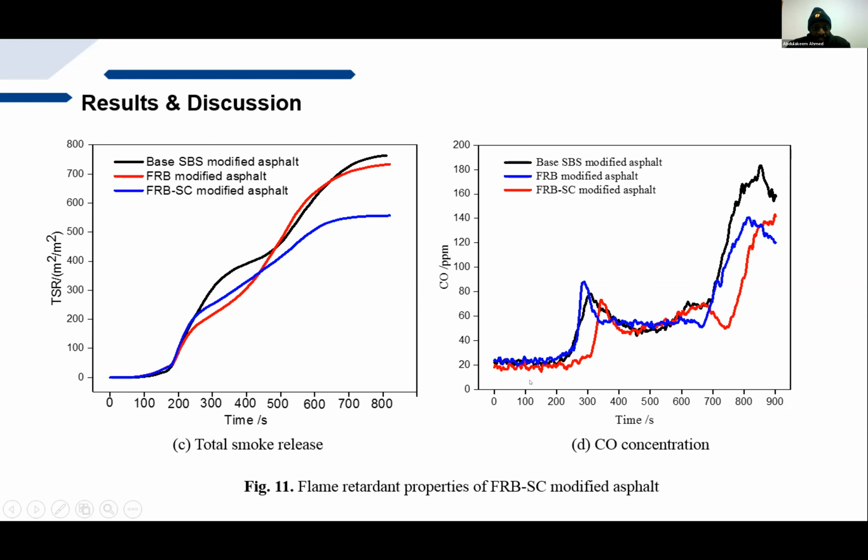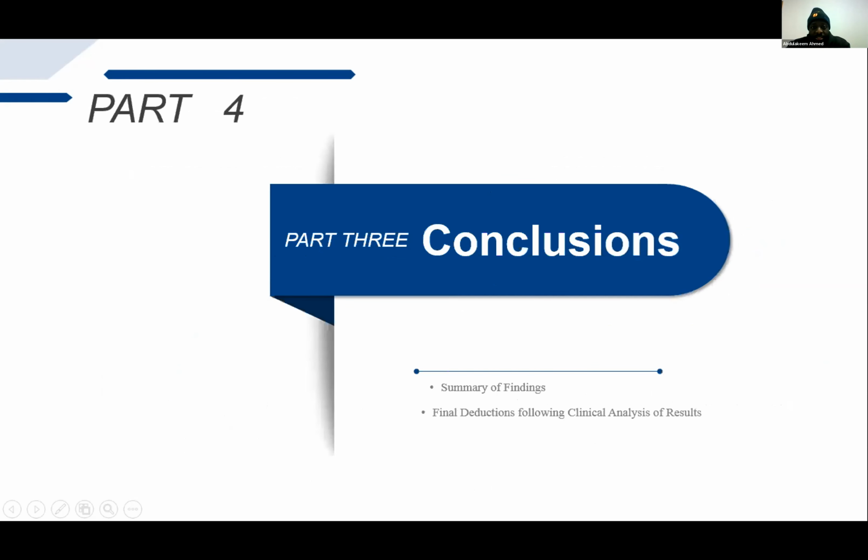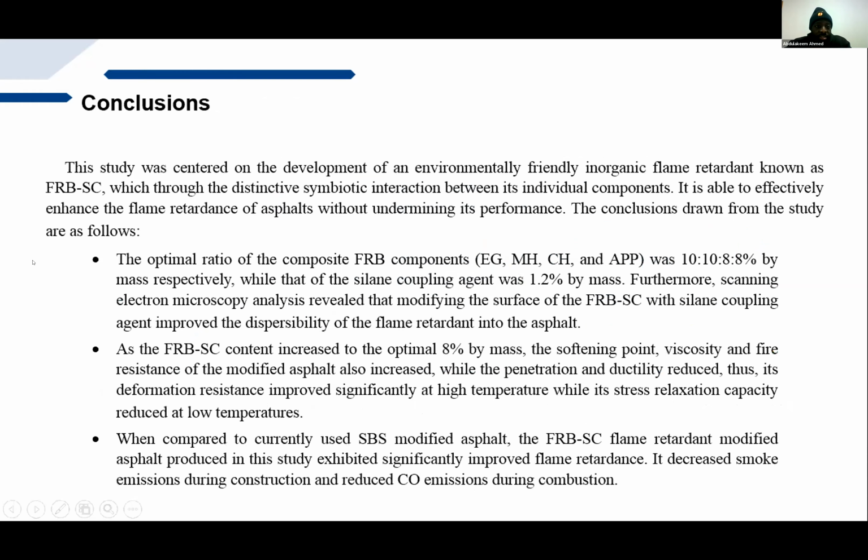Basically, I think my time is up, and this is the conclusion of the research. We were able to optimize the asphalt using the orthogonal experiment, and optimize the surface modifier at 1.2%. And the optimal content of our flame retardant was optimized to be around 8% by mass.